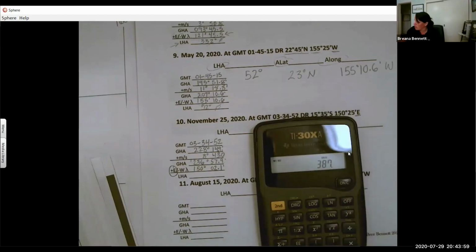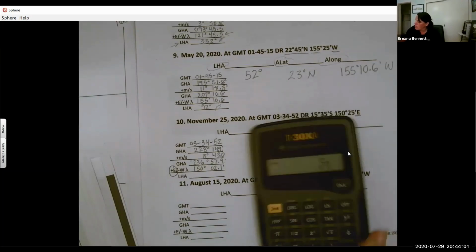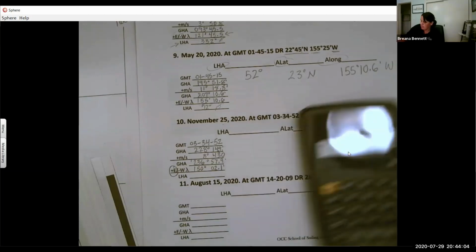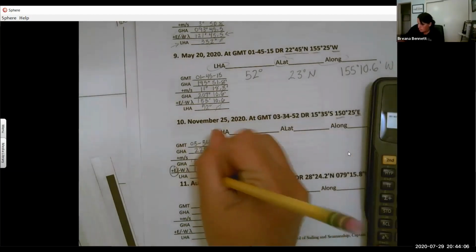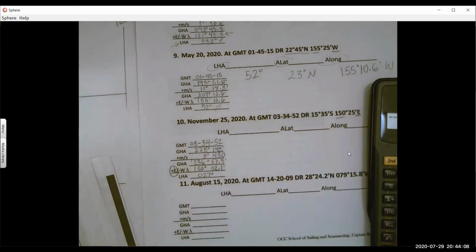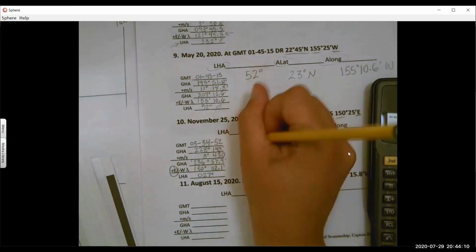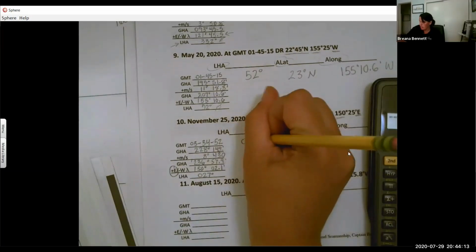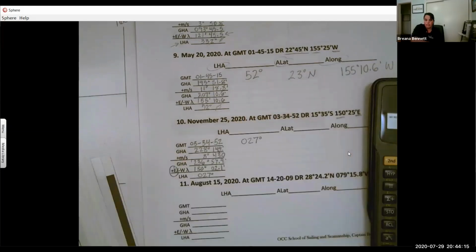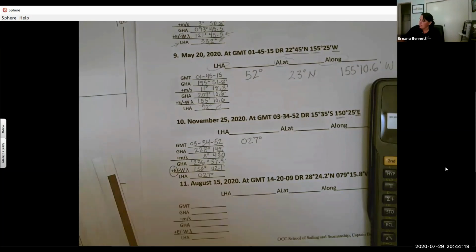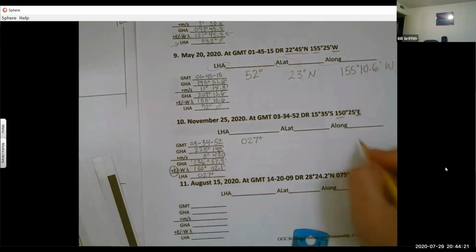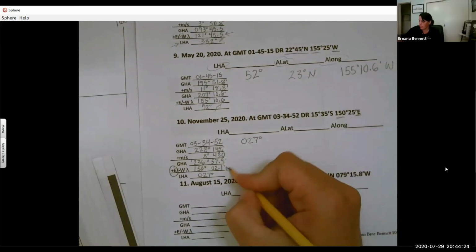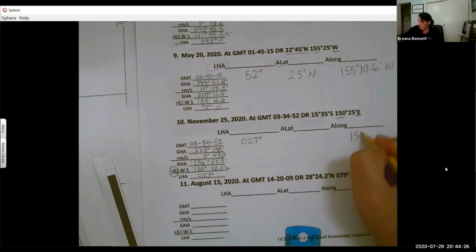We have to subtract 360 from that, and we get 027. So our LHA is a solid degree as 027. Our assumed longitude we've created as 150 degrees, 02.1 minutes east.